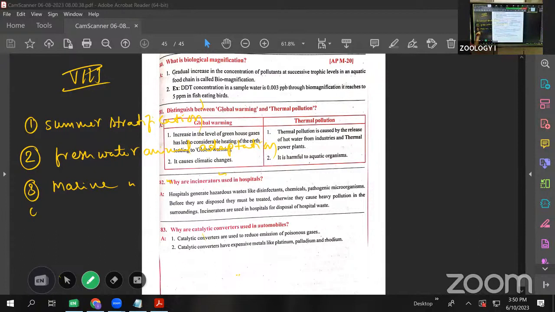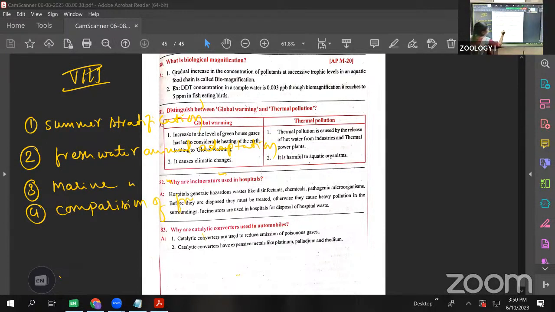Next is the comparison of fresh and marine water animals. Next, not the last one, brood parasitism.